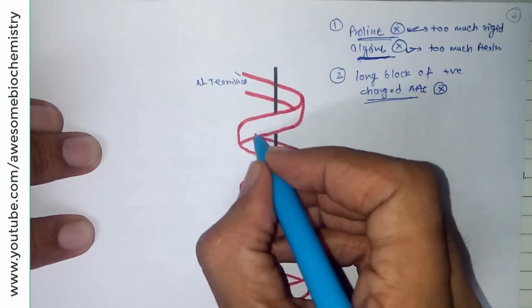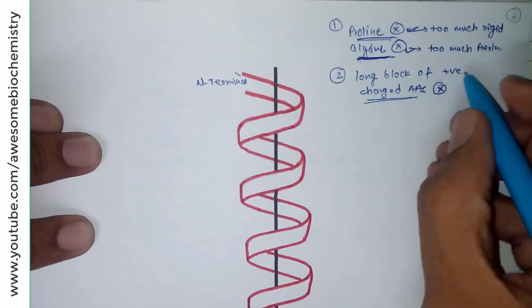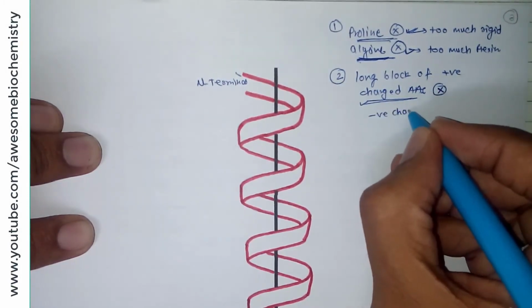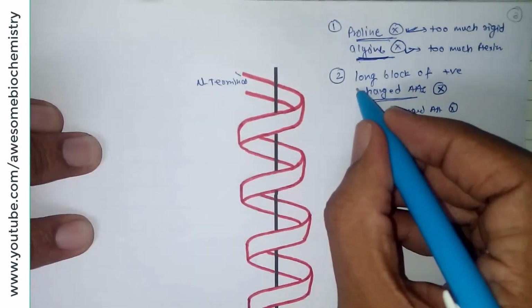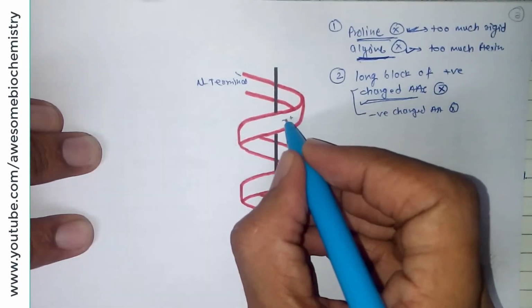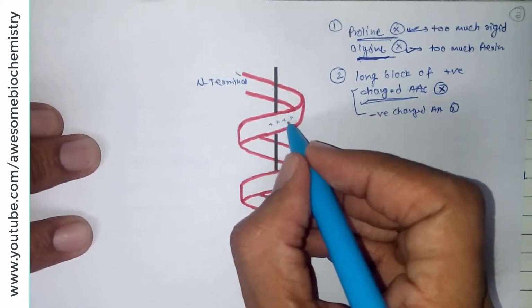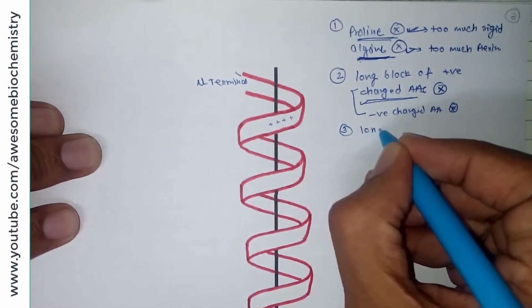Their side chains will repel each other. So, alpha helix will not be stable. Again, the same thing is true that long blocks of negative charged amino acids are also not possible in case of alpha helix because of the same reason. If there is a long block, suppose positive, positive, positive, all having positive charged side chains, then they will repel each other.